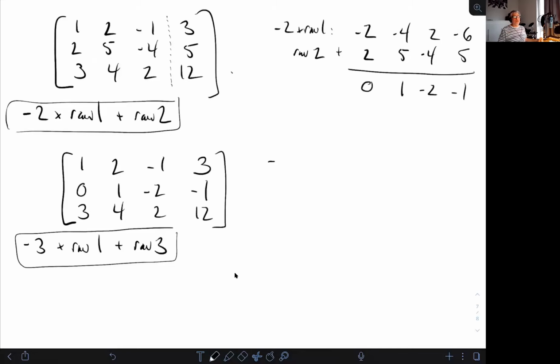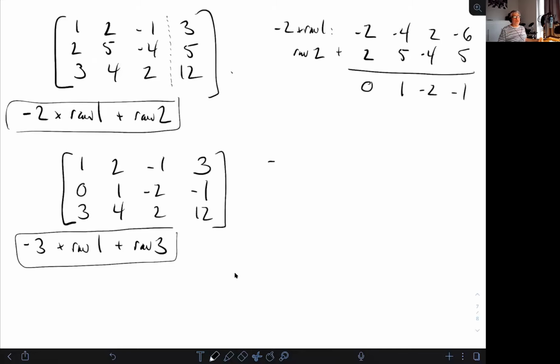So now the resulting matrix is 1, 2, -1, 3; 0, 1, -2, -1; 0, -2, 5, 3. Notice that we have exactly what we want, which is in the first column, we get 1, 0, 0.